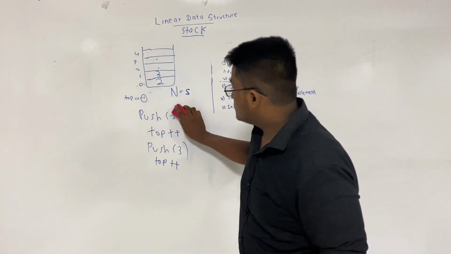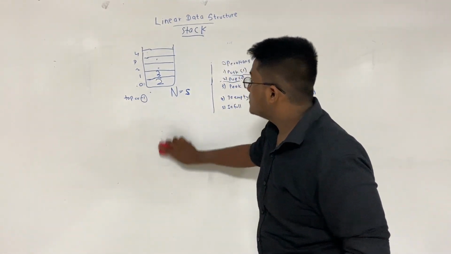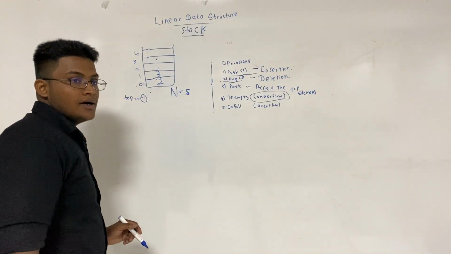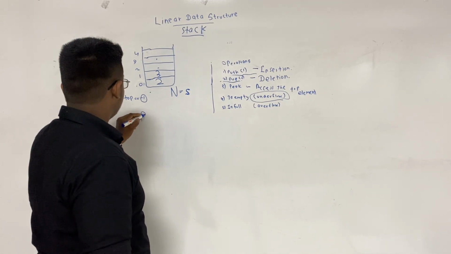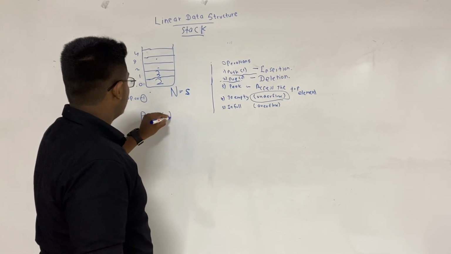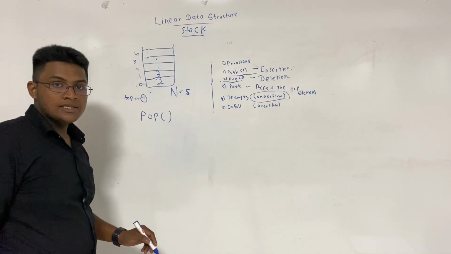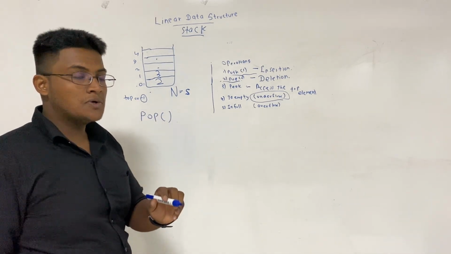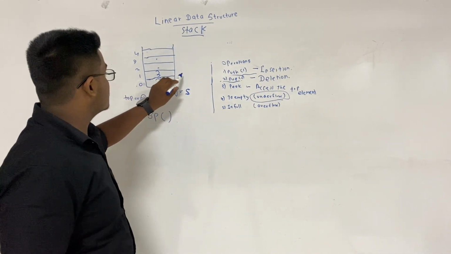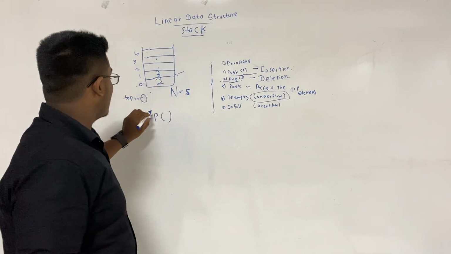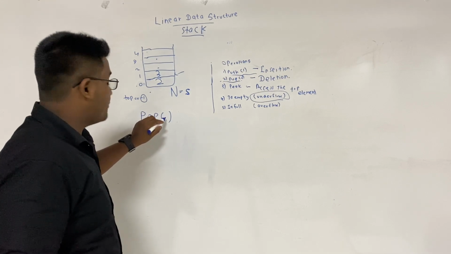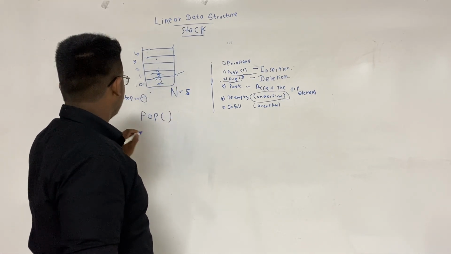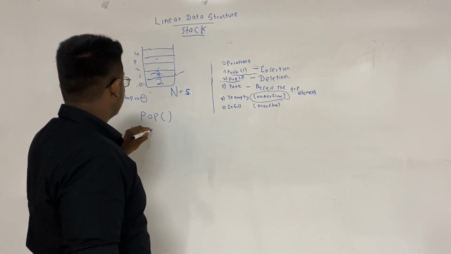And now next we will see the pop operation. You can remember that earlier I said that you need not pass an argument, because in pop the topmost element is removed. So when I apply the pop operation, this 3 is removed. That means top minus minus.